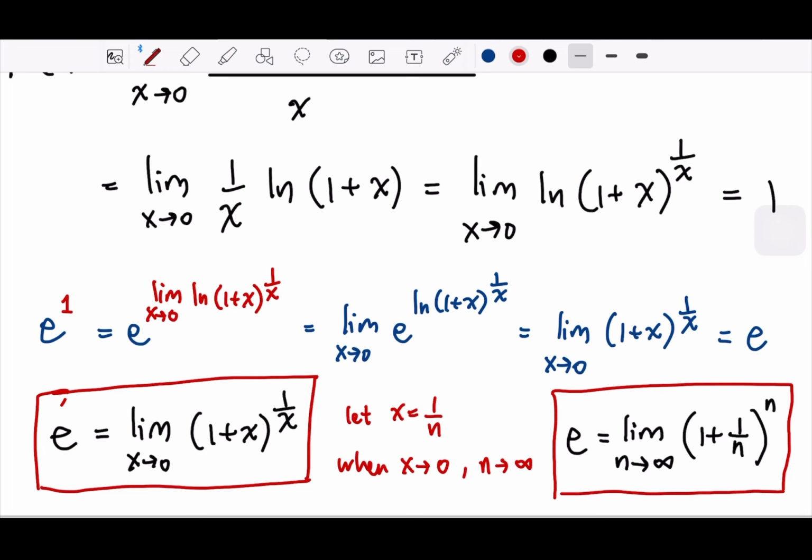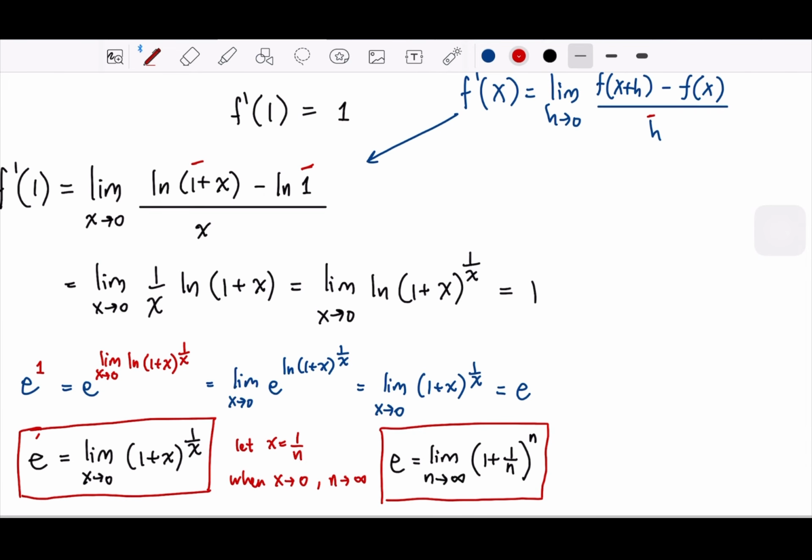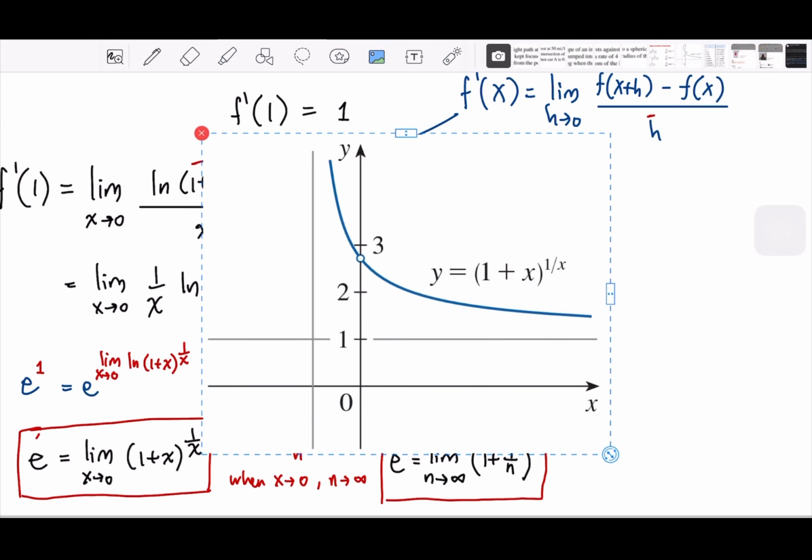You could also try to check the graph of 1 plus x to the power of 1 over x. Let me give you an illustration around here.